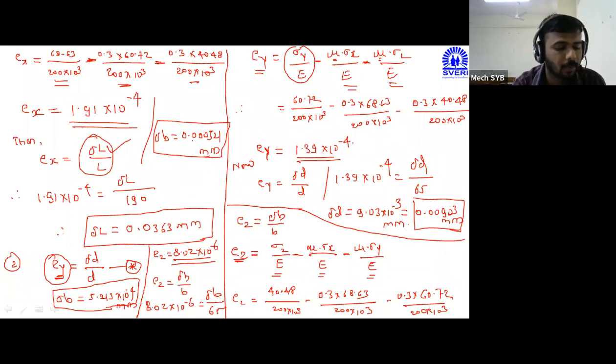You can unmute from your side and ask if you have any question. Have you understood type number 4, problems on calculation of volumetric stress, volumetric strain, change in volume, and change in dimensions? Very simple. Keep the list of formulas in your mind and you have to solve it.